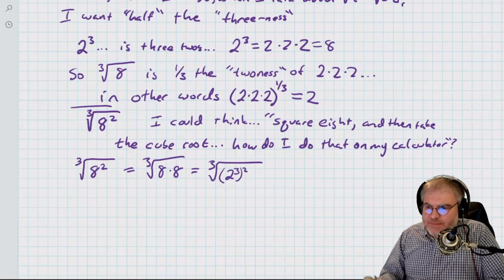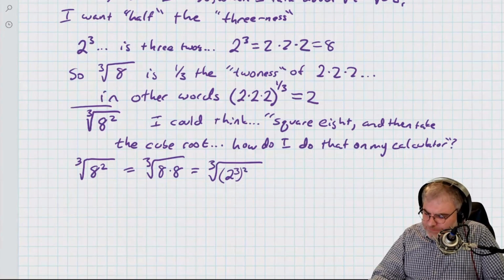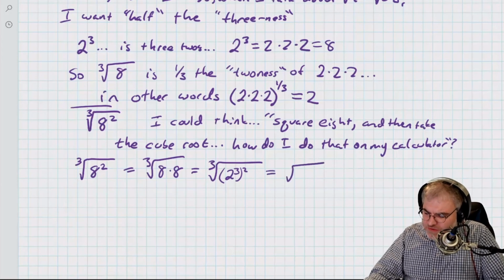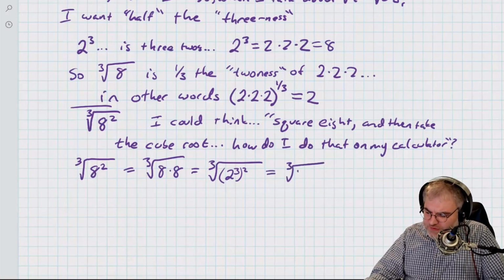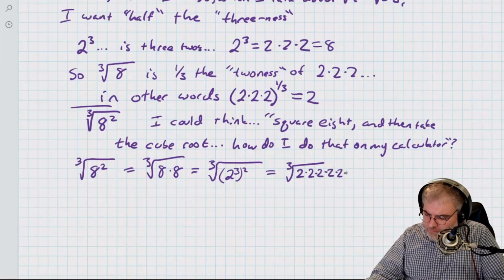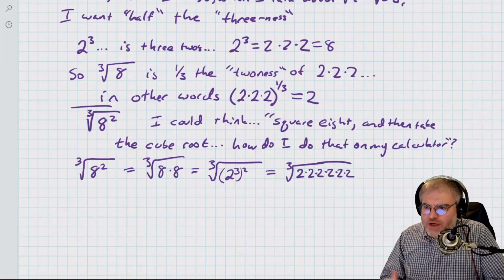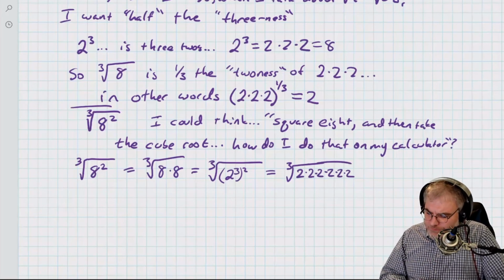If I line these up, I'm going to have 6 of these 2s. So if I think of the cube root of 6 2s, and then I want 1/3 of the 2-ness, I wind up with 2 times 2.